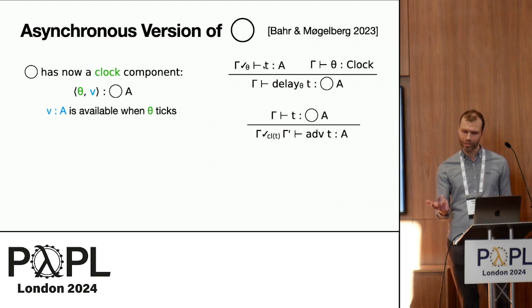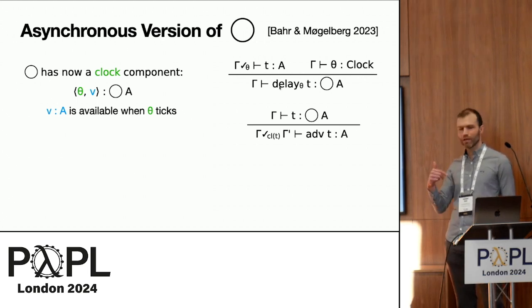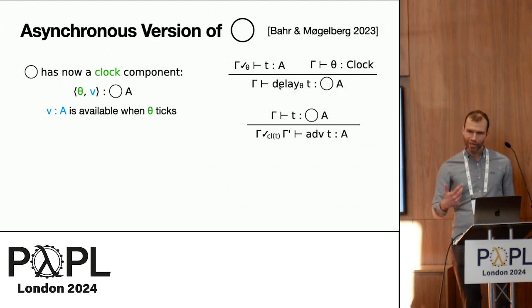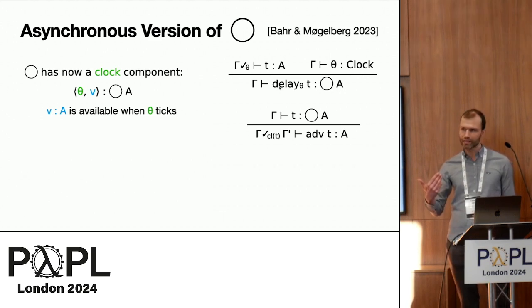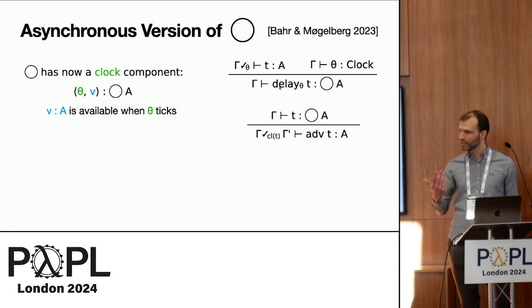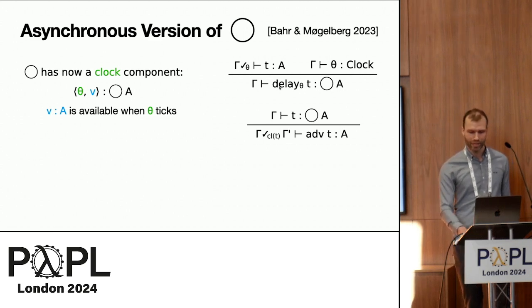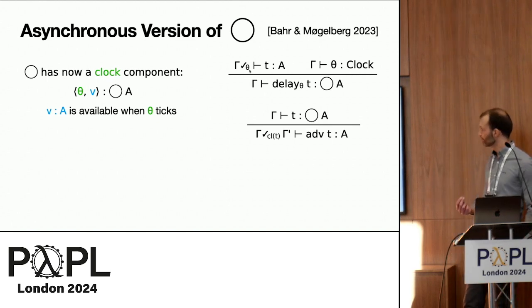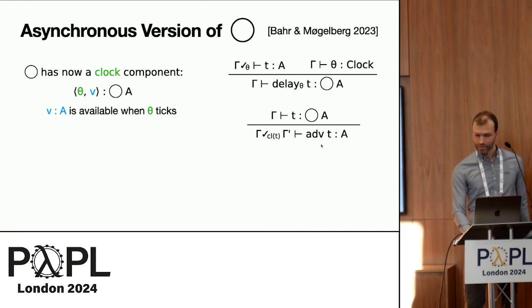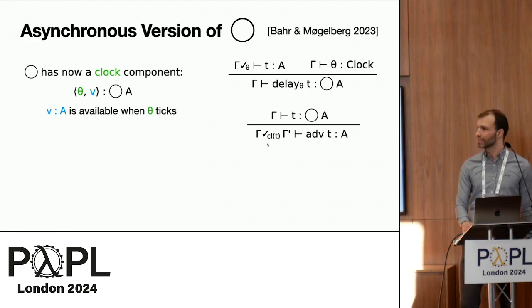It makes sense because down here we say, delay t until theta has ticked. So we know that as soon as t is actually evaluated, theta must have ticked. Otherwise, it wouldn't have been evaluated. So we can use this information, this evidence available to us. And we can use this evidence to call advance, because we can only advance the term t if we know that the underlying clock, the clock of t, has ticked.